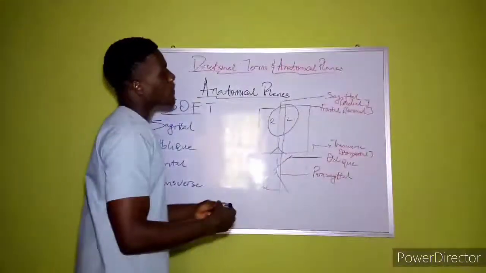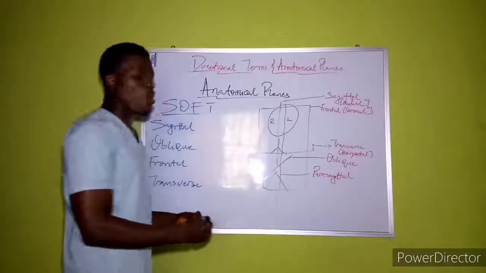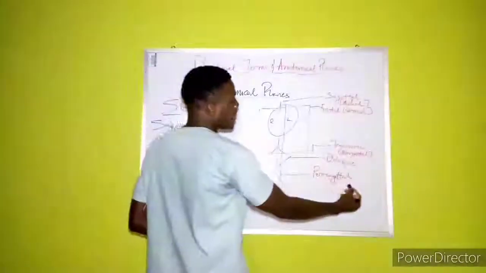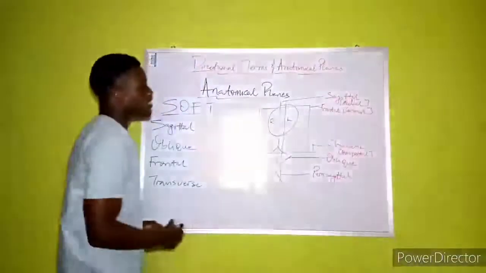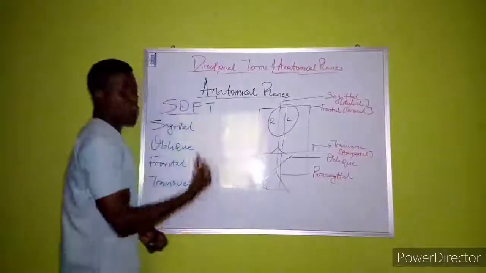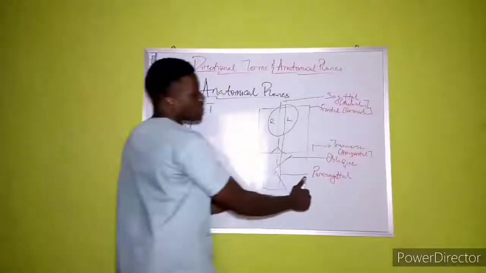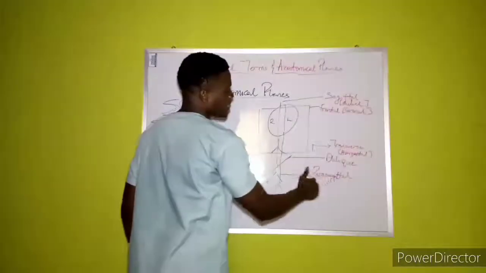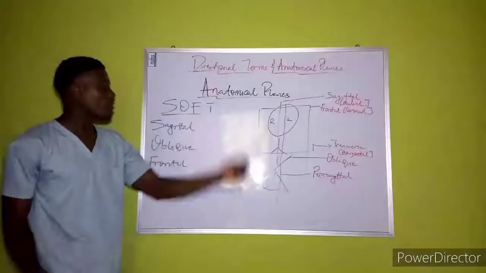If it doesn't divide it into equal parts, it is called a parasagittal plane because it is not running through the midline. When it runs through the midline, it's called a medial or sagittal plane, and when it doesn't, it is called a parasagittal plane. But take note, they are both vertical planes.